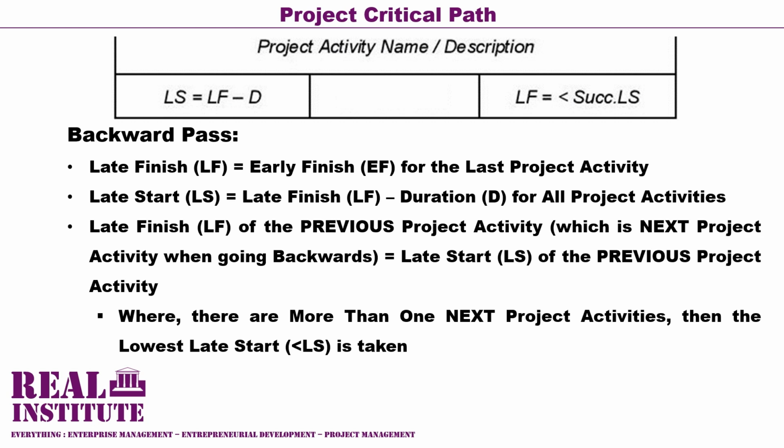Also, in case of an activity that has more than one successor, that is where an activity is a dependency of more than one activity, then the one with the smallest late start value becomes the late finish value of the preceding project activity.